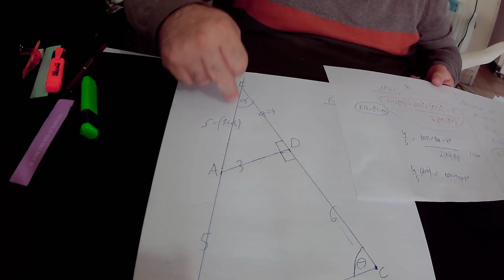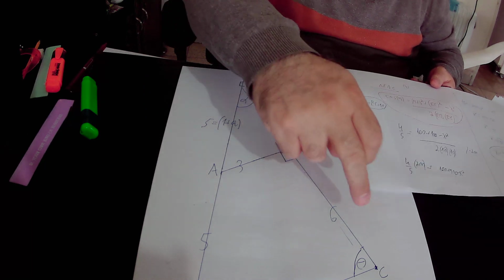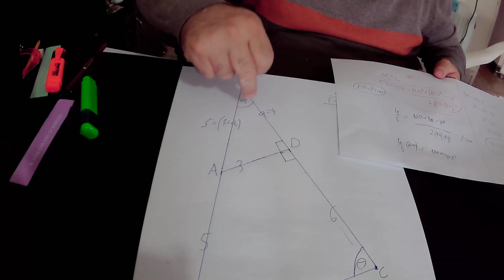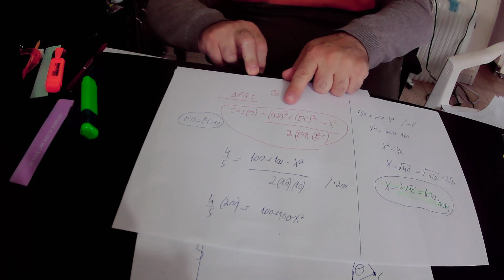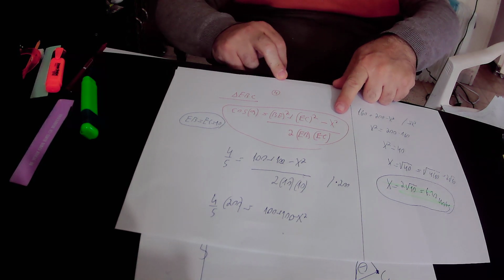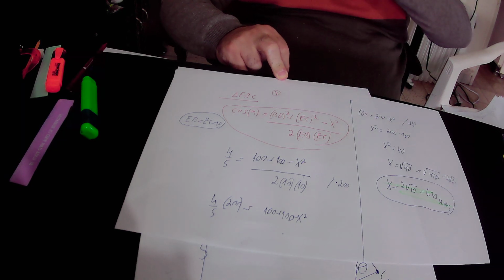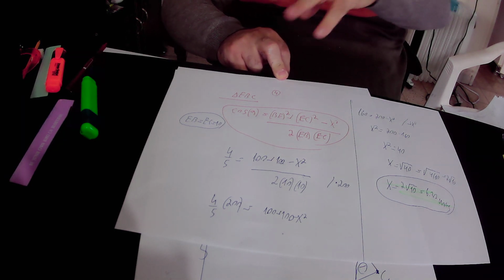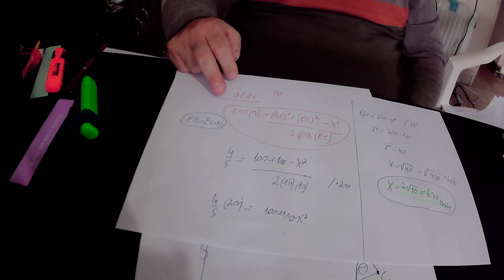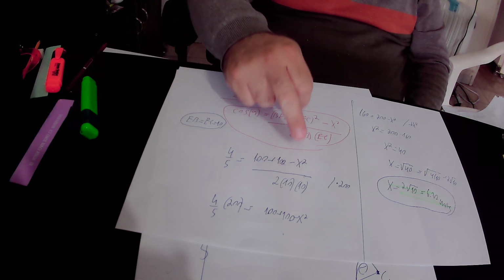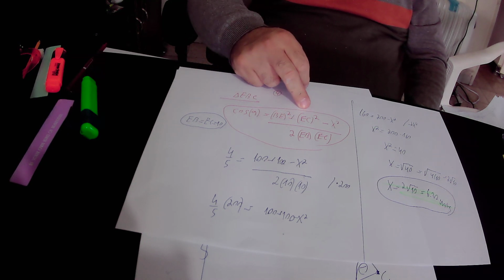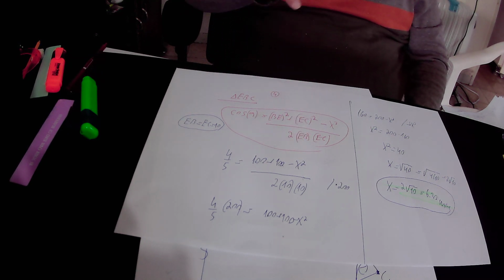So it is EB square plus EC square minus X square over 2 times EB times EC. This is the implementation of the law of cosines in triangle ABC. We know that EB equals EC equals 10 units. So EB is 10, EC is 10, EB squared is 100, EC squared is also 100, and minus X squared is the only missing variable.